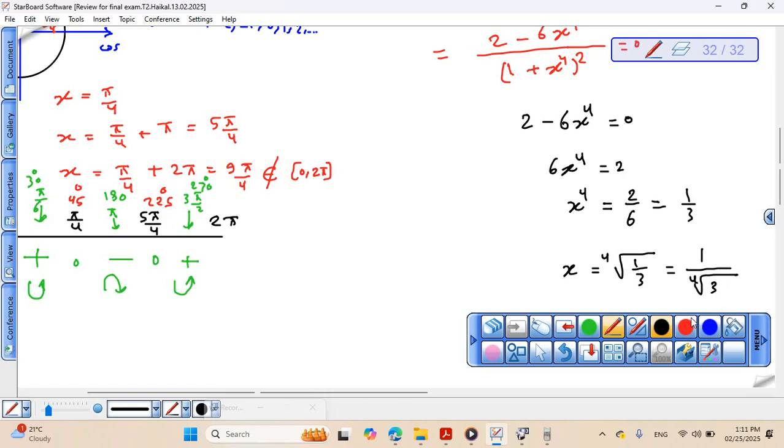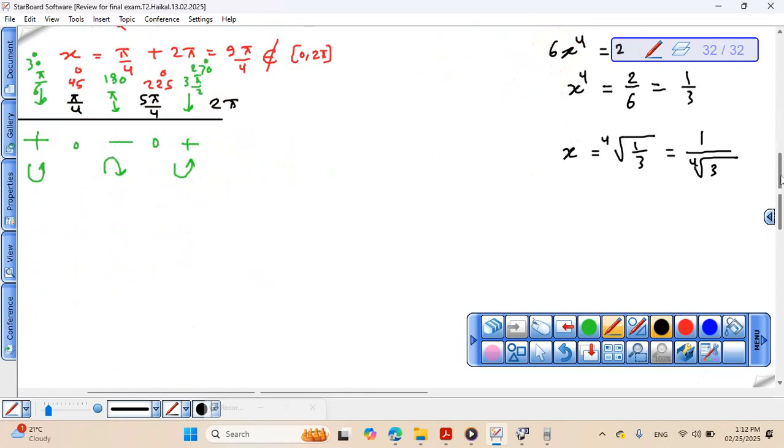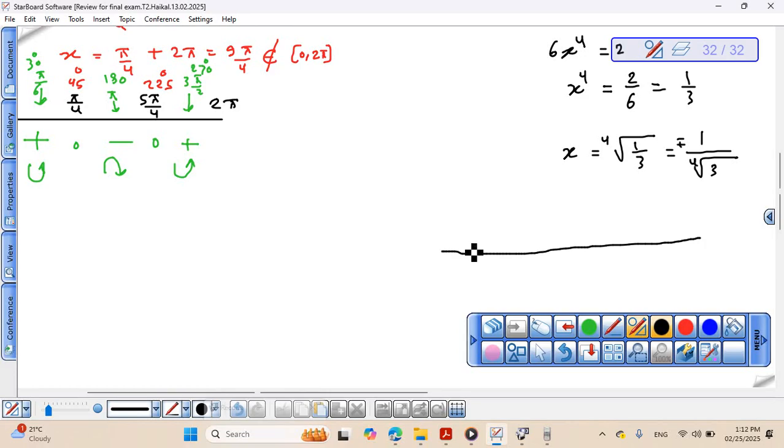This is the answer, x. Maybe positive or negative. Positive or negative? Yes, maybe positive or negative. Okay, that's it. Good. Now how to recognize the table here, as you see.